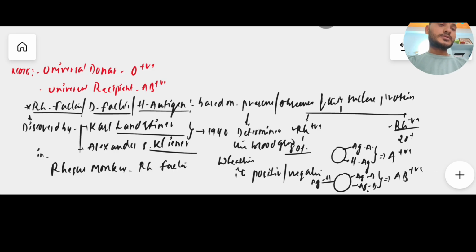It means that on the surface of RBC we have three types of antigens: antigen A, antigen B, and antigen H. Hence it is called AB positive blood group.